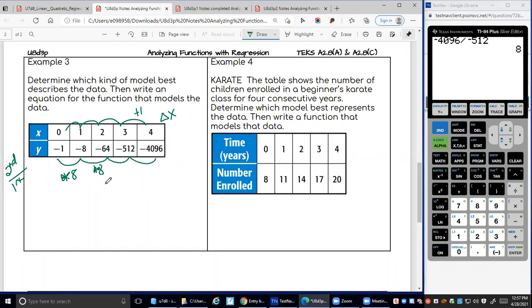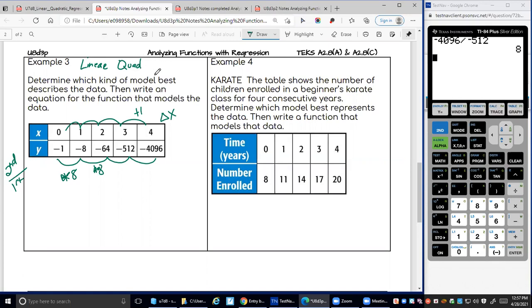Since we're multiplying by the same thing every single time, what kind of function is this? Linear is when we add the same thing every single time, so it's not linear. Quadratic is if your second difference is the same every single time, so still adding and subtracting.